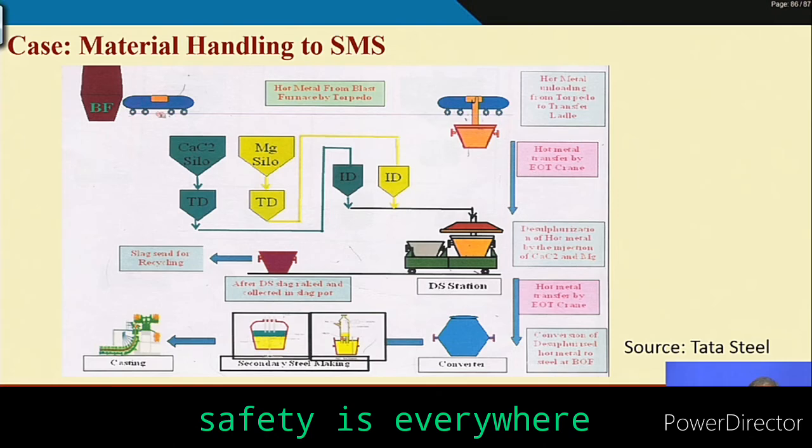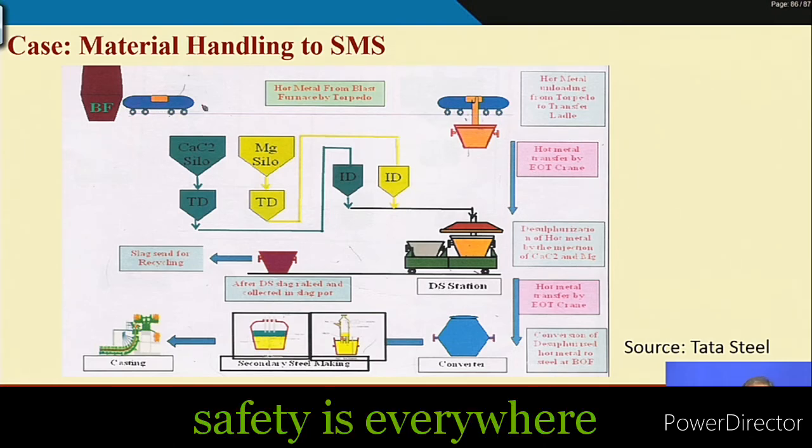Hot metal from the blast furnace comes by torpedo, liquid metal, very hot, more than 1000 degrees centigrade. It comes here, and then there is a transfer ladle: hot metal is unloaded from the torpedo to the transfer ladle. Then the hot metal is transferred by UT crane to the desulfurization unit.